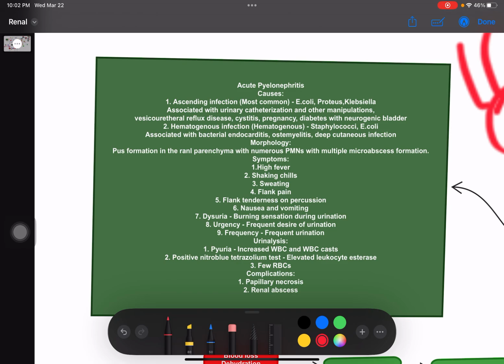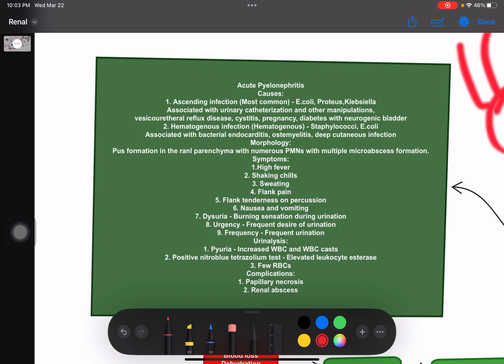This is usually from the urethra, and mostly associated with catheterization which is not done in a sterile way, or any other manipulation, for example, when there's an obstruction and the person's bladder is full, and some kind of percutaneous manipulation is necessary to empty the bladder.